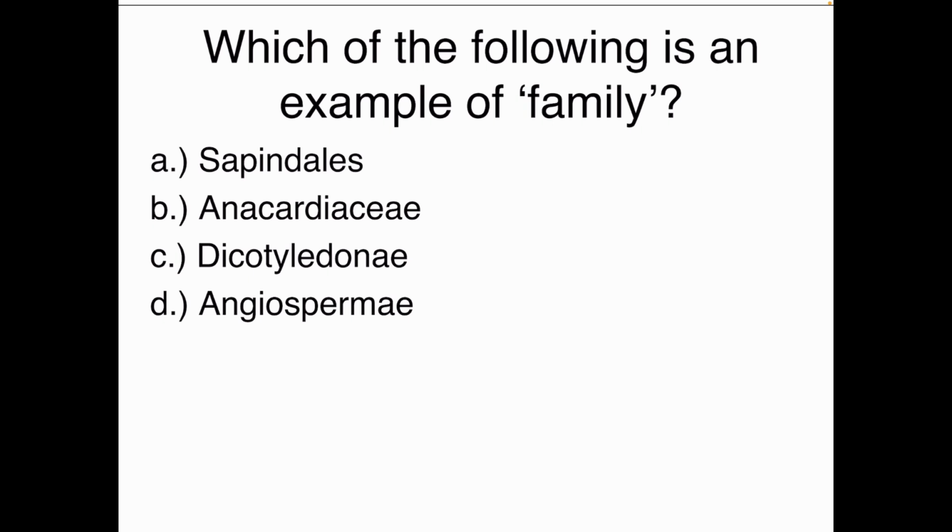Moving on to our discussion part, okay. If you remember, I have taught you in my lecture, and if you have read your NCERT, you must be knowing, okay. Generally, for plants, families end with the suffix aceae. This is simple to know.